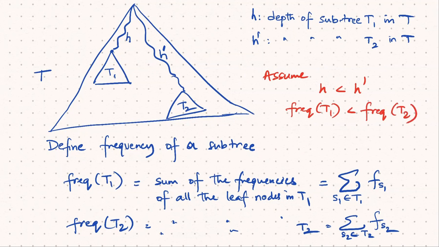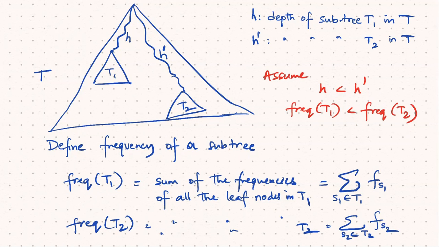So this is the scene. I have two subtrees T1 and T2 such that T1 is higher up, h is lower than h prime, and the sum of the frequencies of the leaves in T1 is less than the sum of the frequencies of the leaves in T2. Now let's do this exchange that we talked about and see how the cost changes.